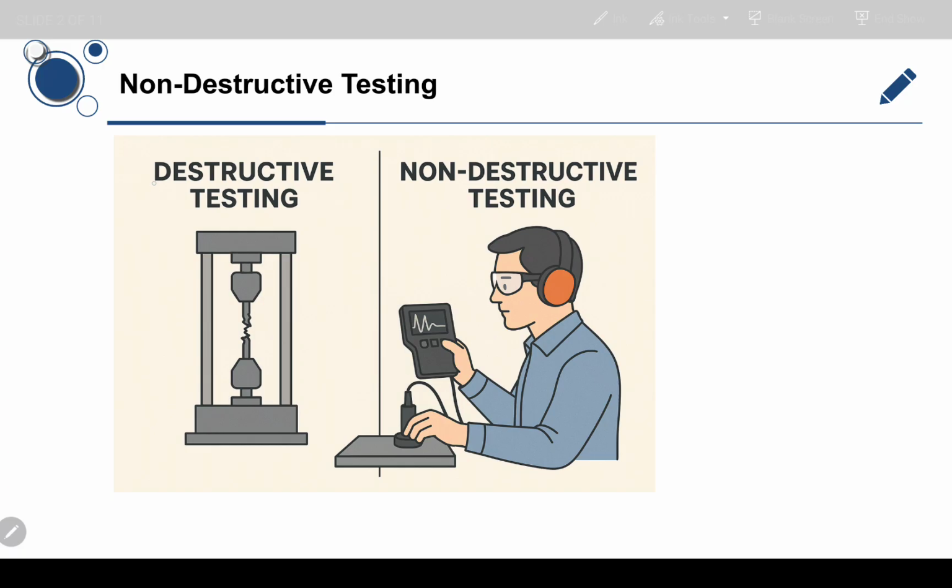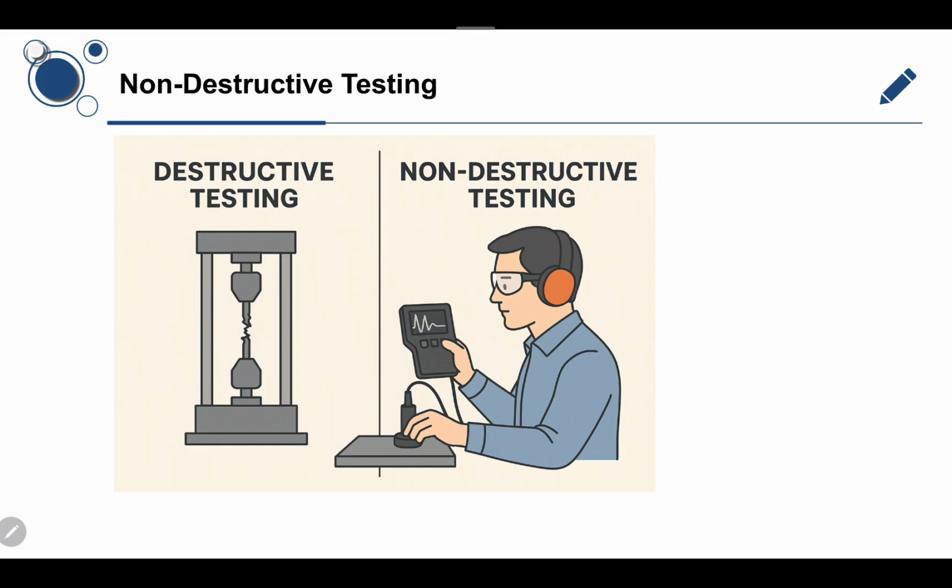First, we discuss destructive testing and non-destructive testing. In the previous video we briefly explained what destructive testing and non-destructive testing are. Destructive testing is a method where the material is tested to the point of damage or failure.